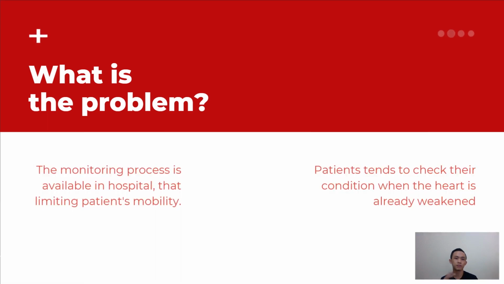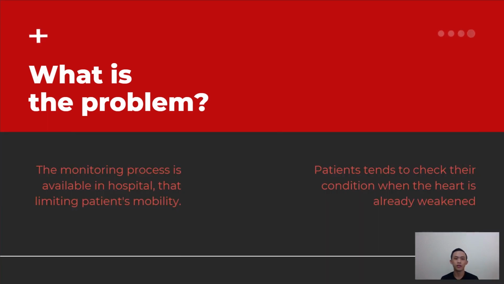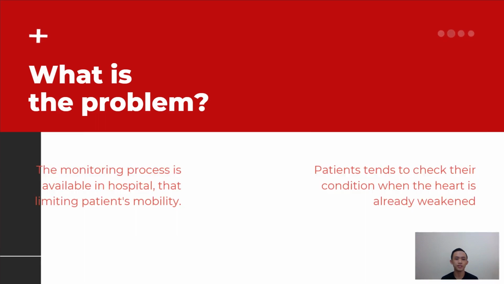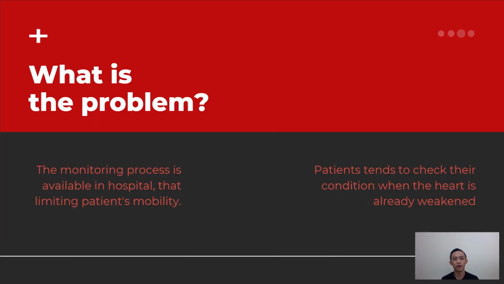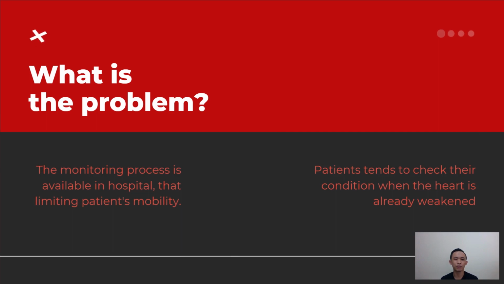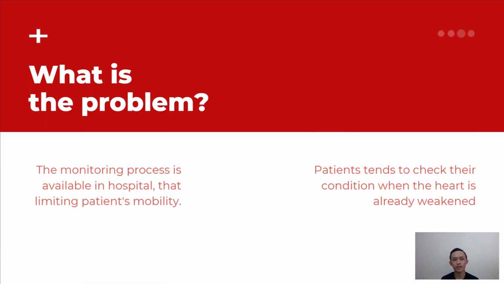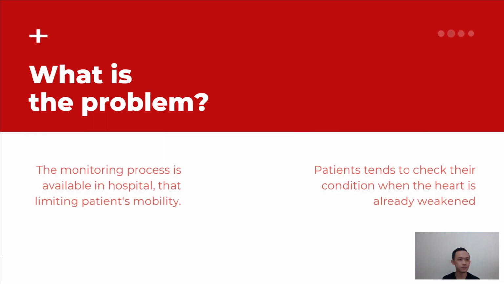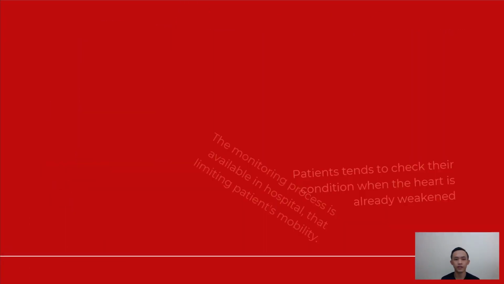And there is an additional problem: most cases are found when the patient already has a declined heart, already experiencing heart failure. So there are few patients that proactively check themselves and prevent, or at least reduce the effect of heart failure.